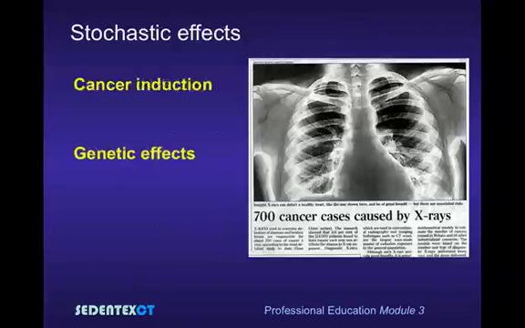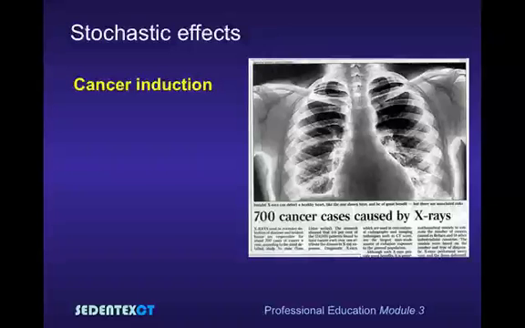In other words, putting it simply, we have two possible stochastic effects: cancer induction and genetic effects. As we'll see in practice, we ignore genetic effects in dental radiology because unless we're doing something very improperly, we do not irradiate the gonads. So this leaves cancer induction as our main risk.